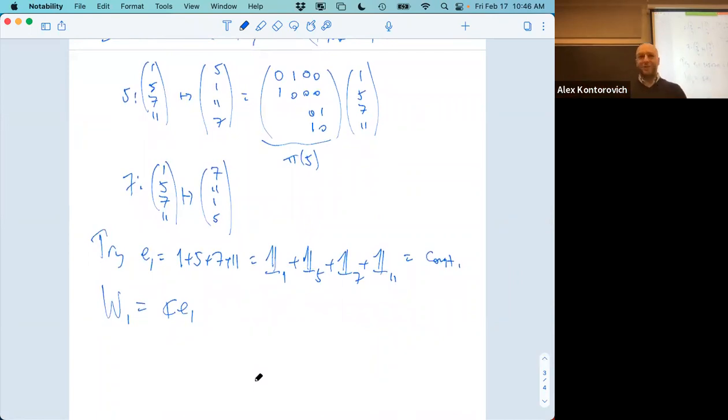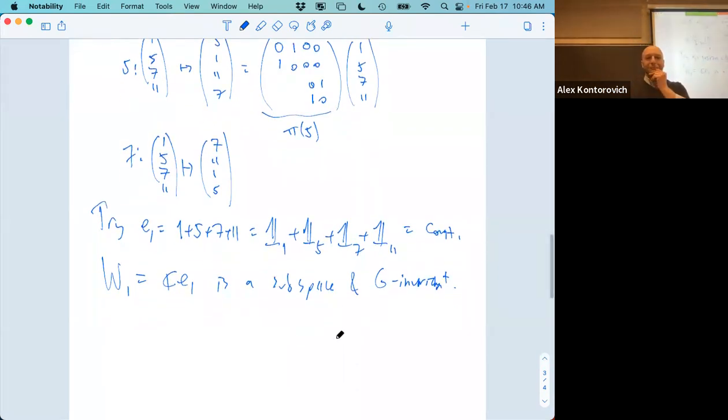E1 is a single vector, so we have the whole single line in the direction of E1. This is a subspace, and it's G invariant. Good. Can we find others?